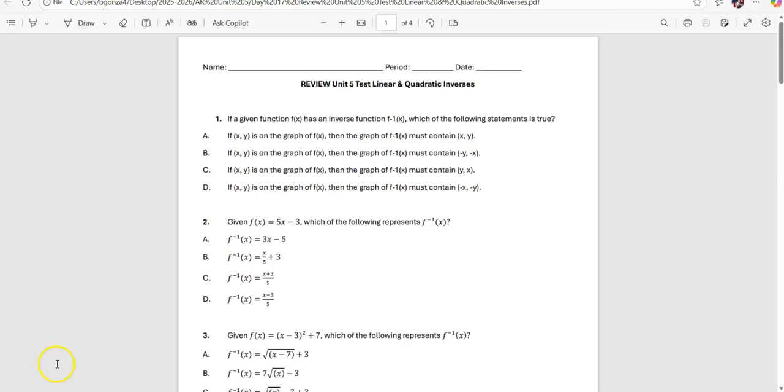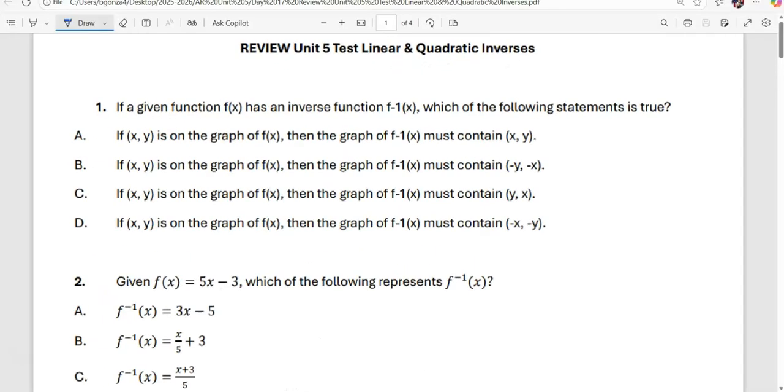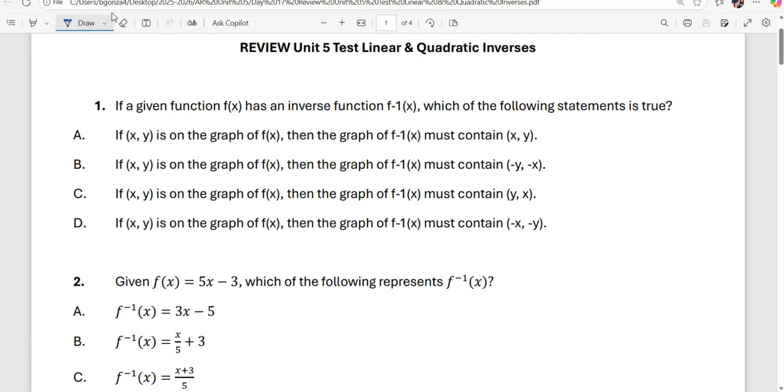All right, here's the review for your test coming up. It says if a given function has an inverse f, it's supposed to be f inverse with a little -1 of x, which of the following statements is true?